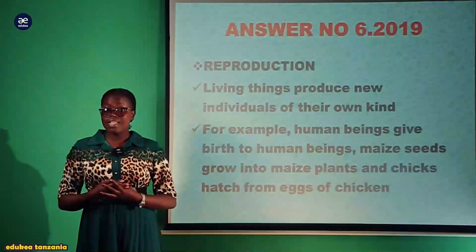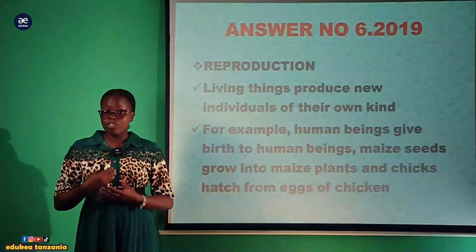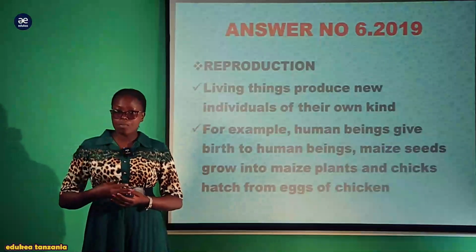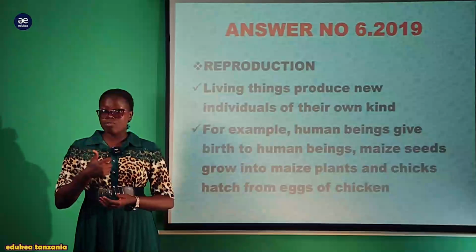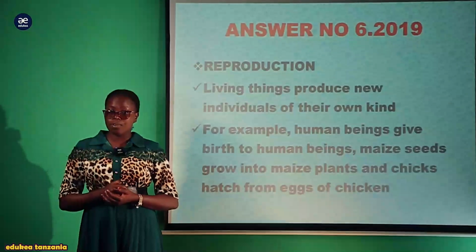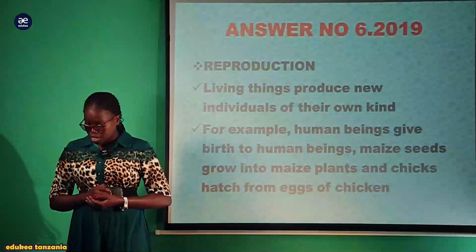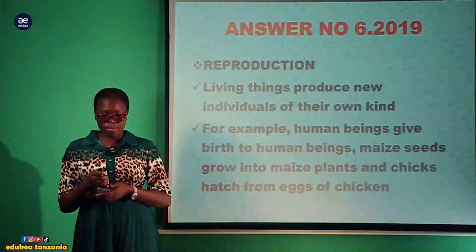You will study it in detail in the topic of reproduction when you reach form 3, which I teach here at Educare Media. If you haven't followed it, once you have done your form 2 exams, you are most welcome to subscribe and search for the topic of reproduction. It is a form 3 topic, so that you can get a detailed understanding of this particular concept of reproduction.